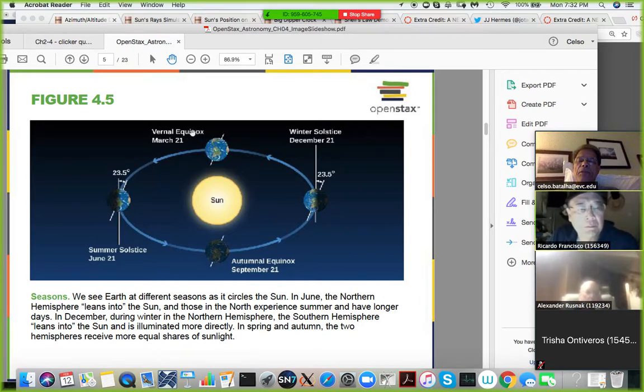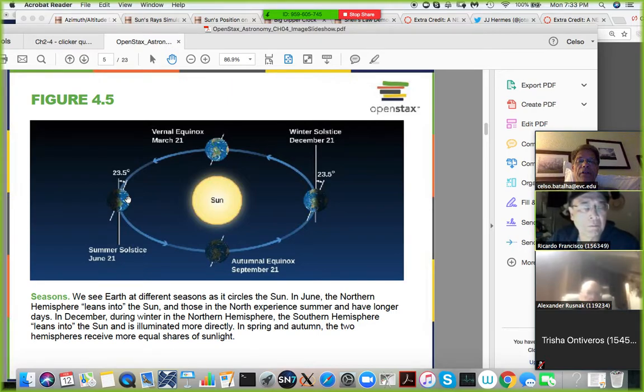The difference between the vernal equinox and the autumn or fall equinox is that in the vernal equinox, the Earth is moving in its orbit towards the summer solstice. In other words, the sun apparently crosses the celestial sphere, and from Earth we see the sun moving north as it crosses.